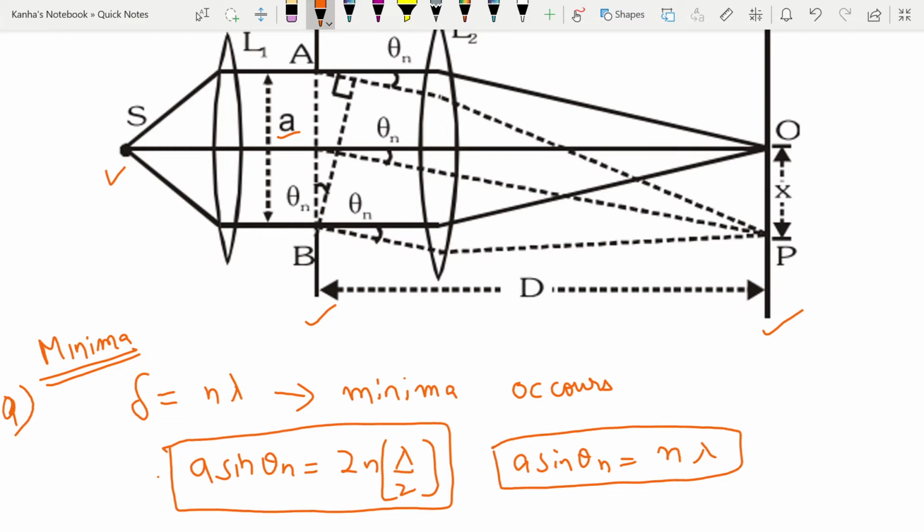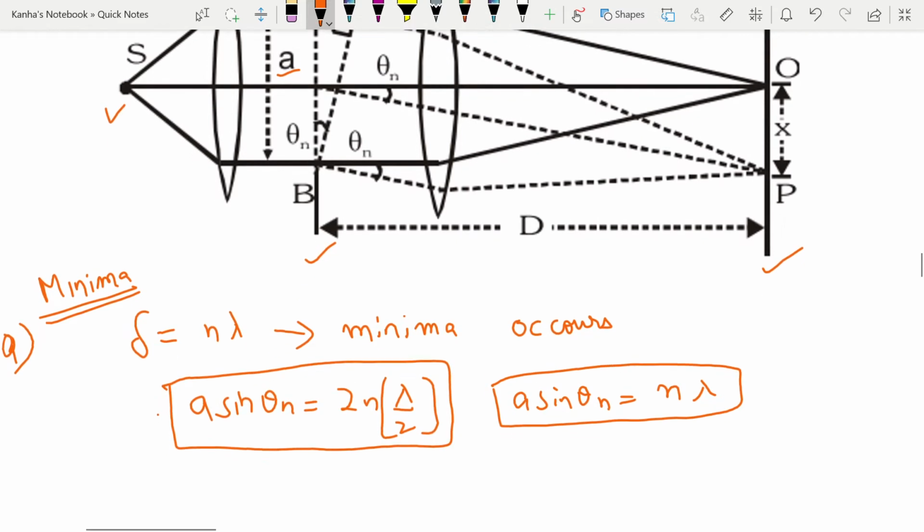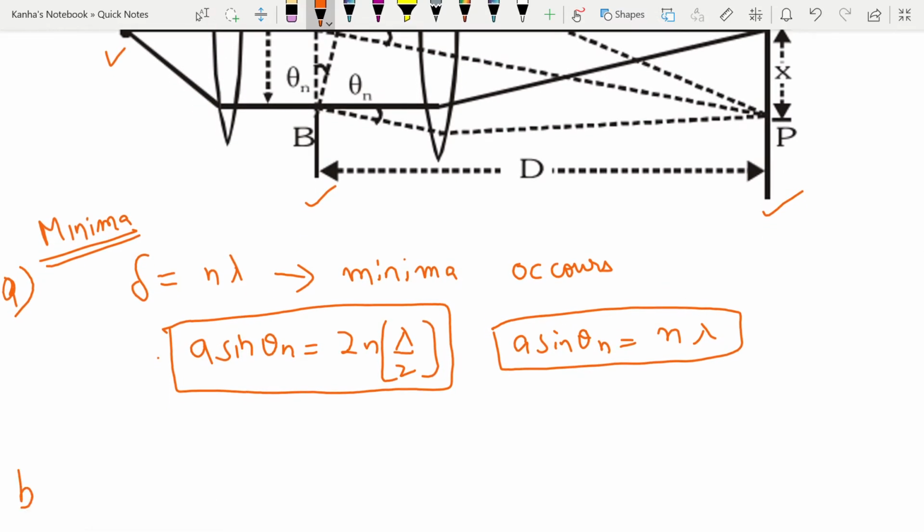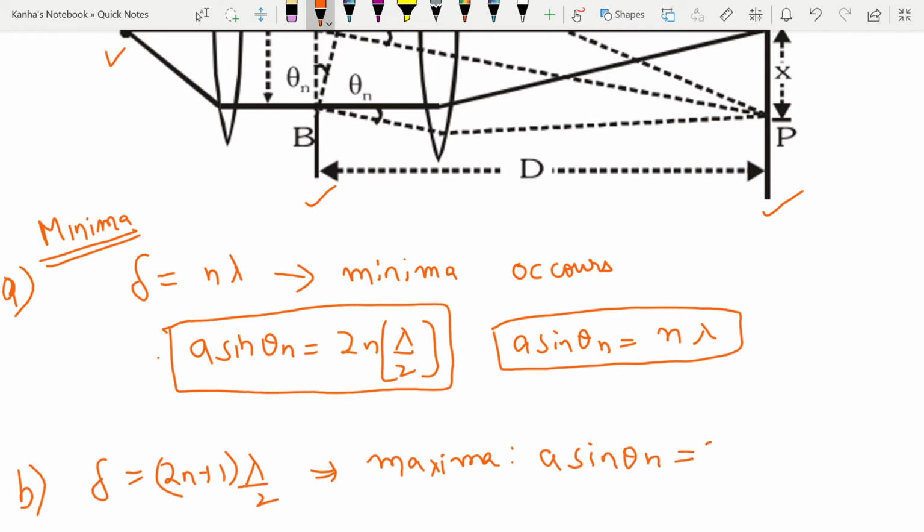Now when the path difference between the secondary wavelets coming from A and B is 2n plus 1 lambda by 2, or odd multiples of lambda by 2, then I have the maxima condition which says that a sine theta n is nothing but 2n plus 1 lambda by 2.